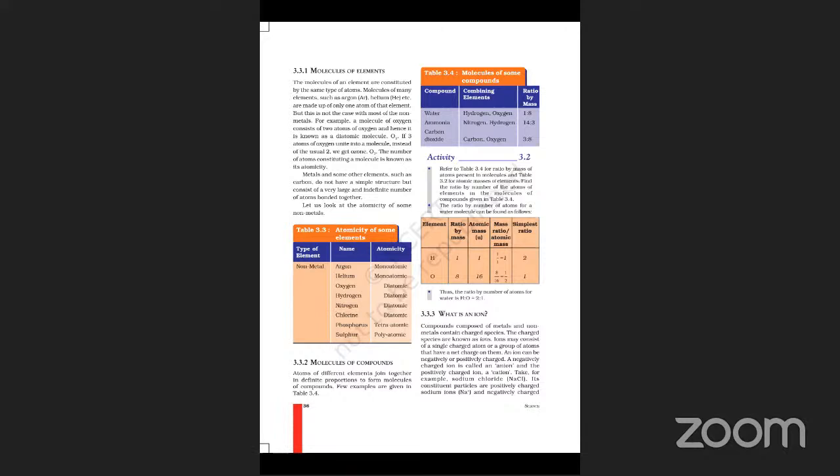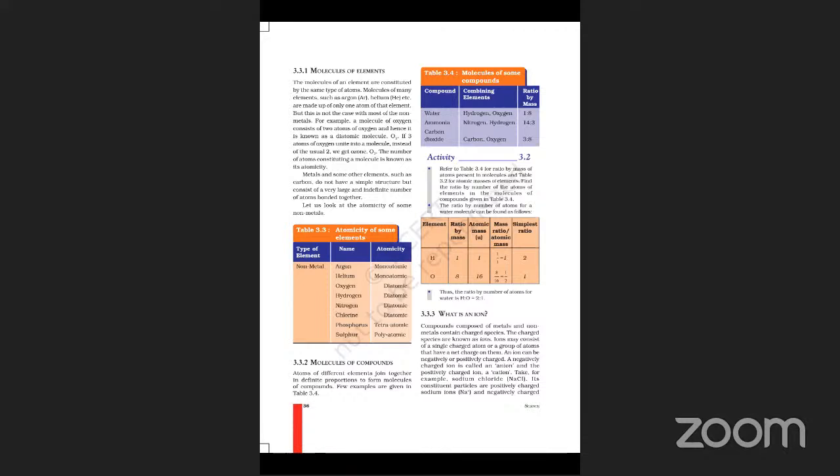So their existence is always single: argon, helium, xenon, radon. If you see the 18th group in the periodic table, all the elements of group 18, called noble gases, are monoatomic. H2, O2, N2, Cl2, these are diatomic gases.